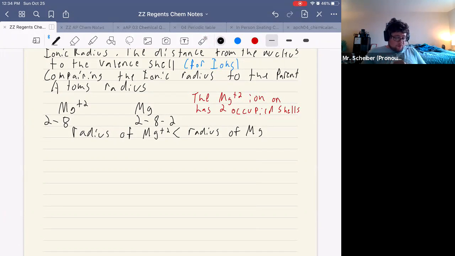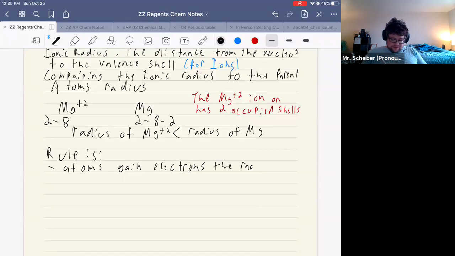But the general rule for any comparison of atom to parent ion is: when atoms gain electrons, the radius increases.